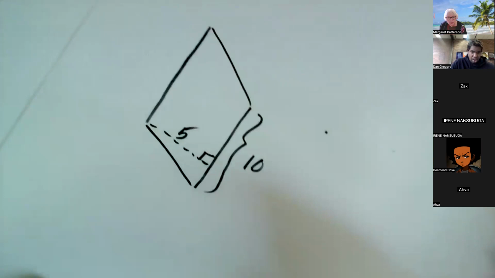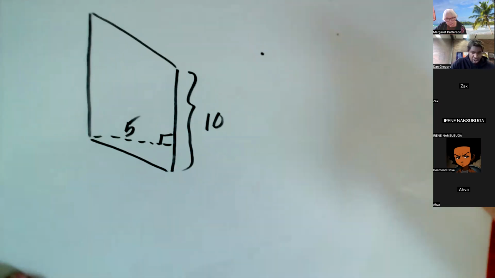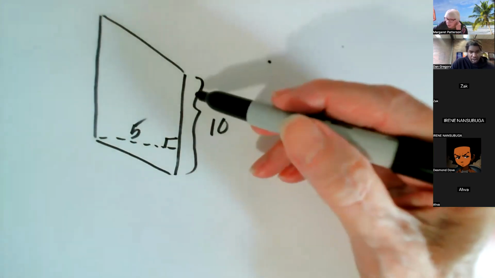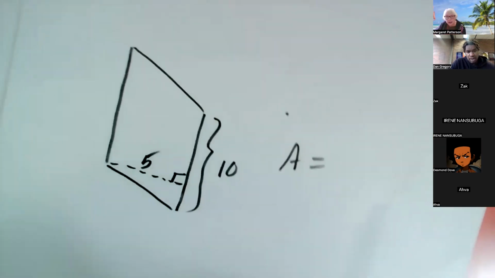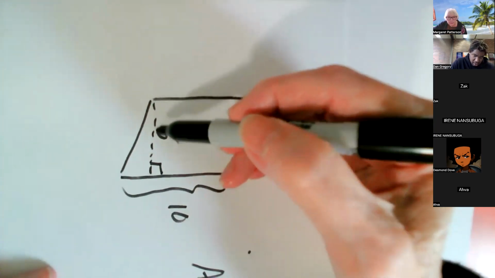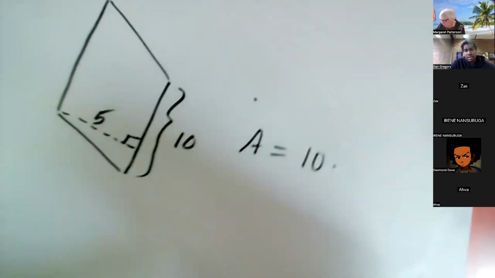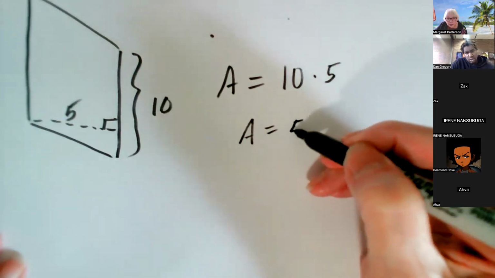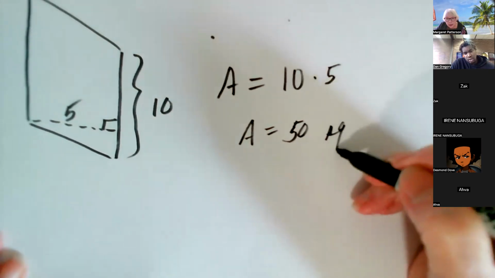And so what would you multiply by? Area. This is actually the base. 10 times 5. And then what's the height? 5. Area would be 50 square, whatever.